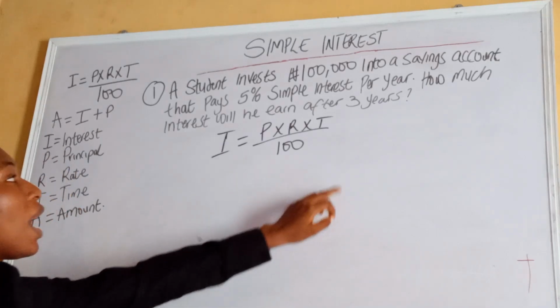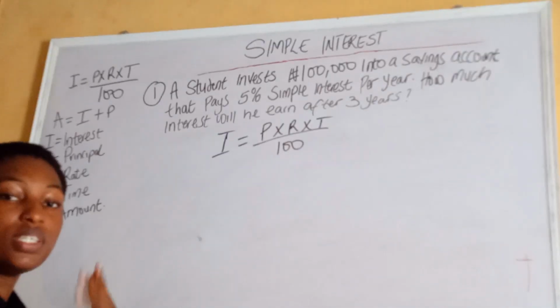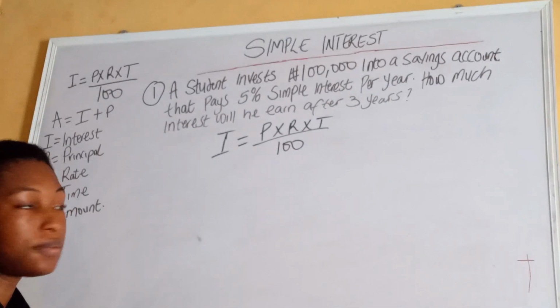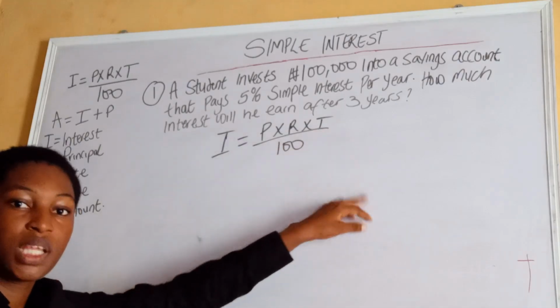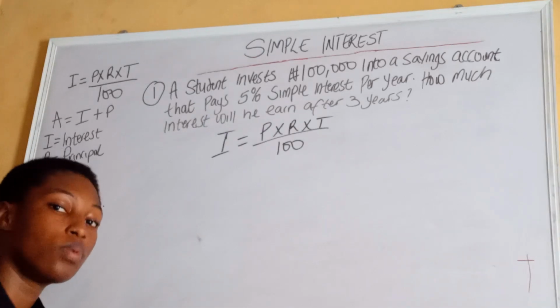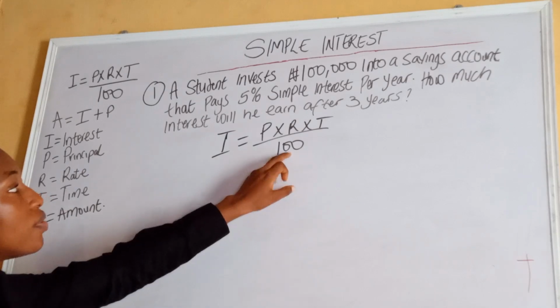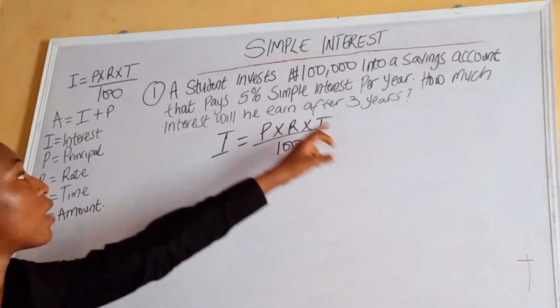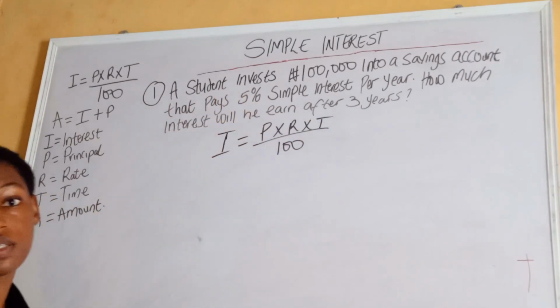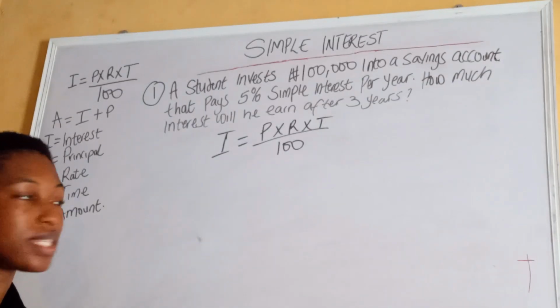Your rate is simply the percent at which the interest will be calculated. And then you have time. Time for simple interest is usually calculated per annum, so always per year, all over 100. Now this 100 is coming from rate, because rate is always in percent, 5%, 6%, whatever percent.